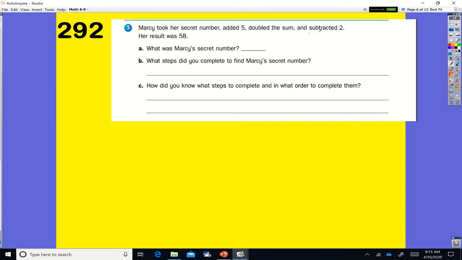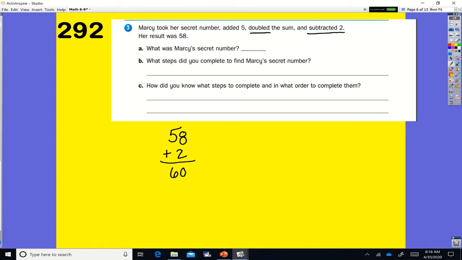Because if she subtracted, that means the number was bigger than that to start with. So we're going to be doing the opposite here. So we have 58. She subtracted, so we're going to do the inverse operation, the opposite. So that means we add 2 to get 60.